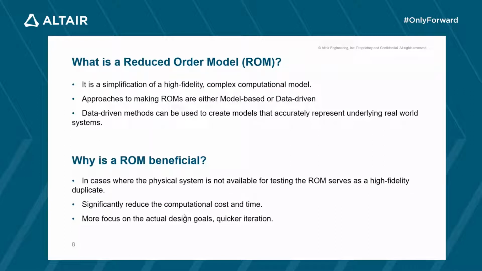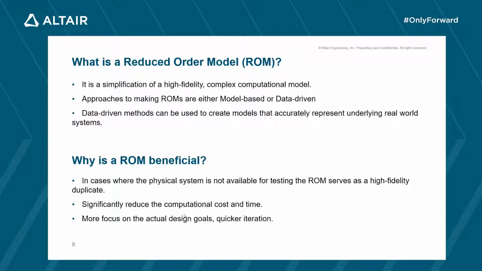So it's a simplification of a high fidelity system, high fidelity in the sense that the system is able to very accurately replicate or predict outcomes. So it's a simplification of such a system or a complex computational model.